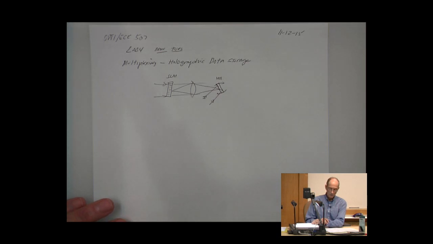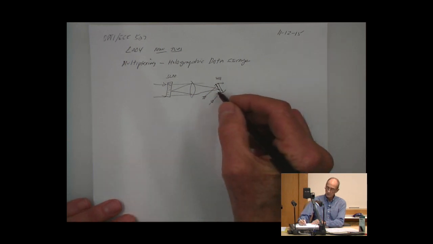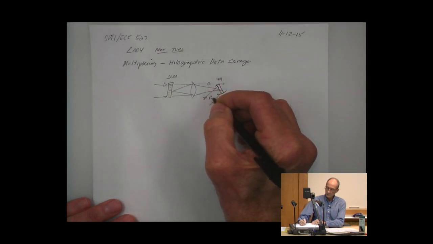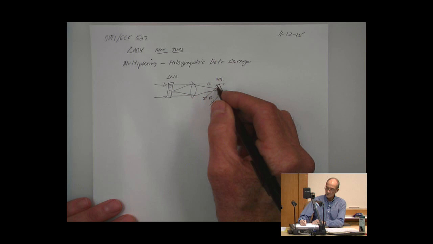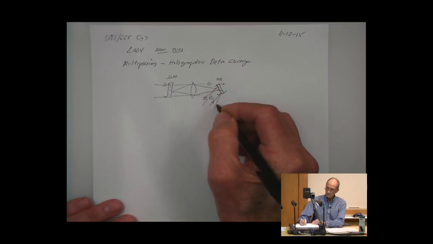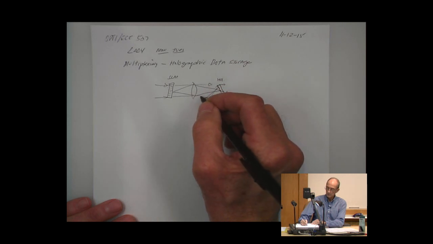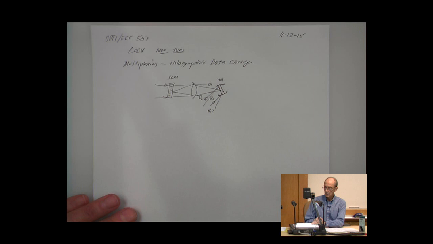You can do the multiplexing in a couple of different ways. One is to have a separate object beam and reference beam, and then we can change, say, the reference beam angle and do a second hologram with a different pattern in that object field, and so forth.